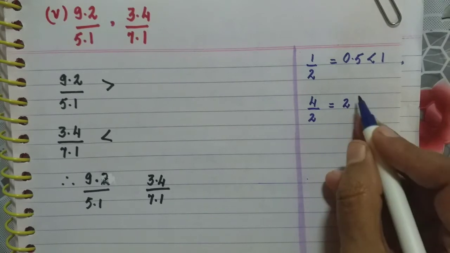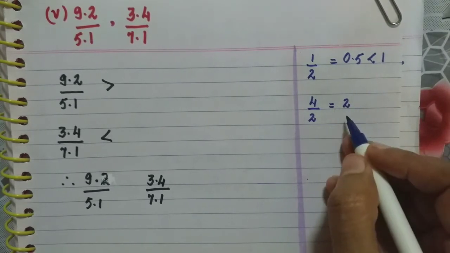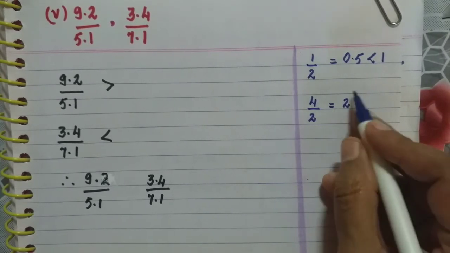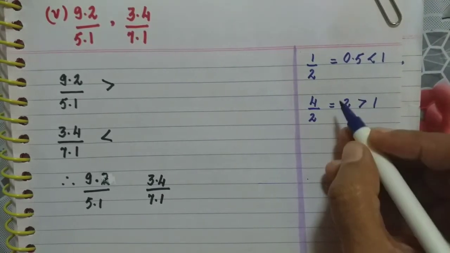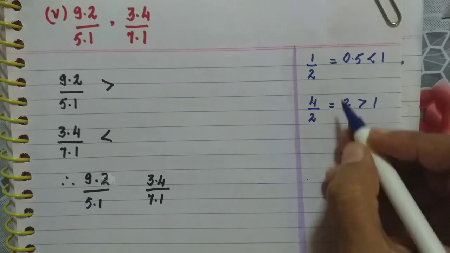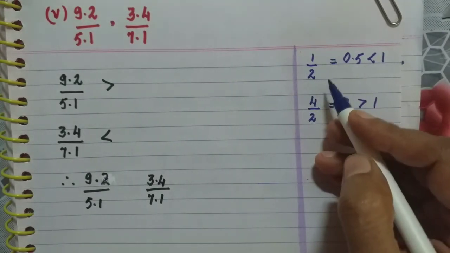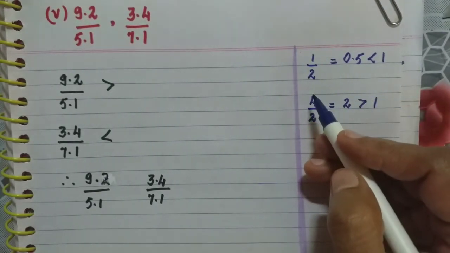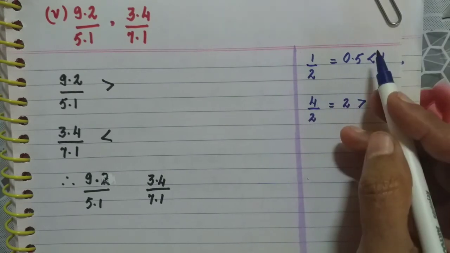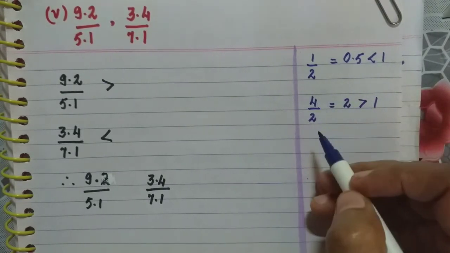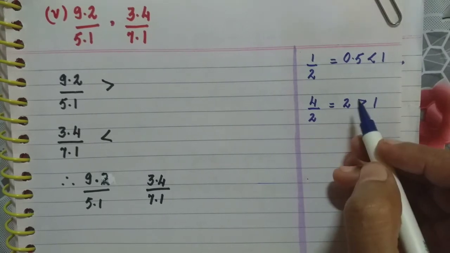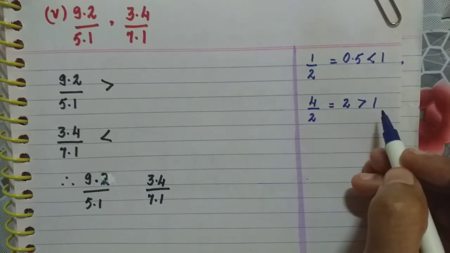So when we simplified it and got the answer, do you see that the answer is greater than 1? Yes. So we come to a conclusion that in any fraction, if the numerator is lesser than the denominator, the answer will be lesser than 1, and if the numerator is greater than the denominator, it will be greater than 1.